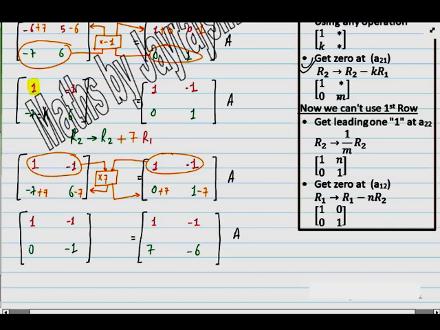Now we need to get leading one at A22 point, and for that we have to take minus 1 common. I mean to say we have to take R2 gives minus 1 R2 operation.